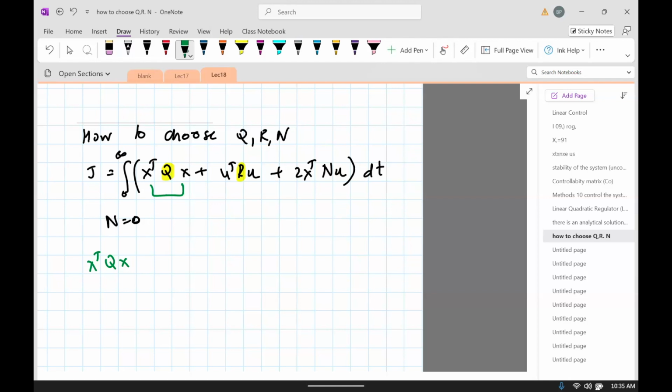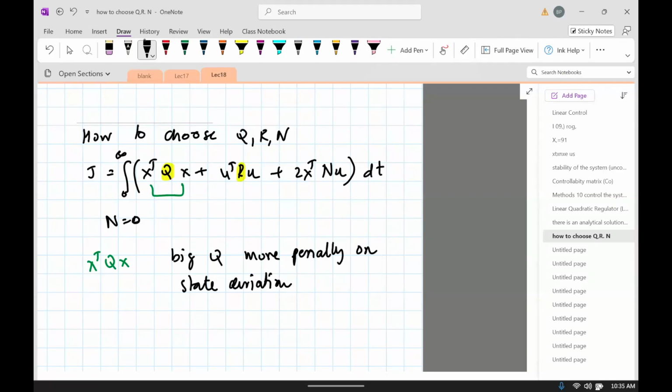So the bigger the Q is, the more penalty is given for deviation in the state. Big Q, more penalty on state deviation. So here you're trying to go to x equals 0.